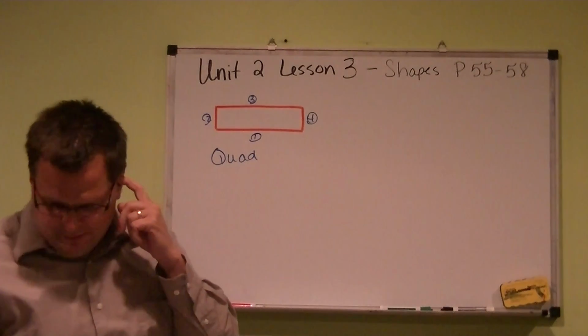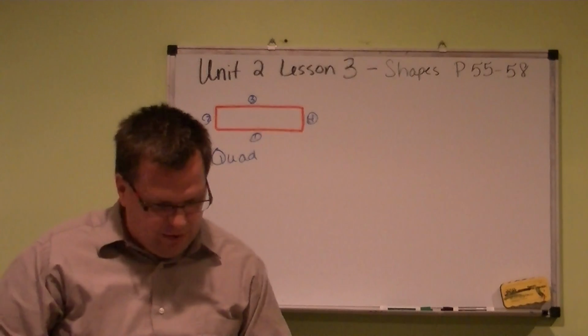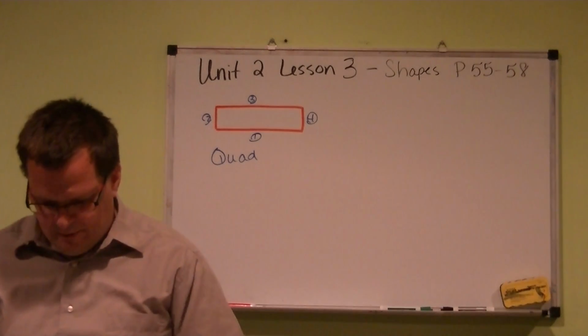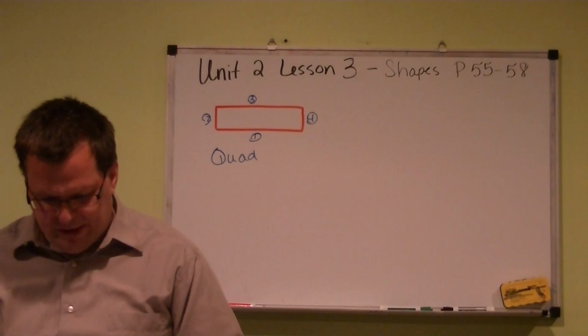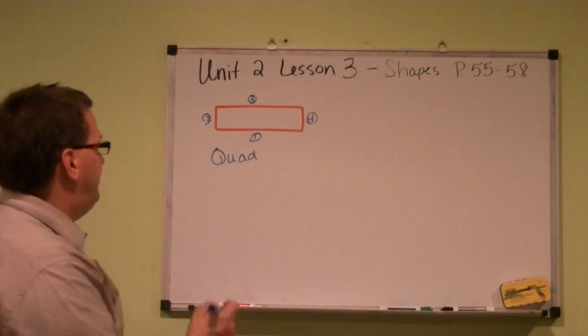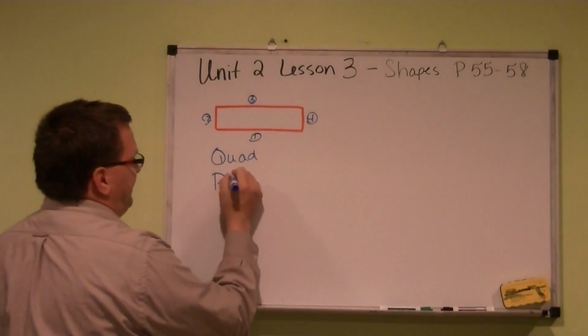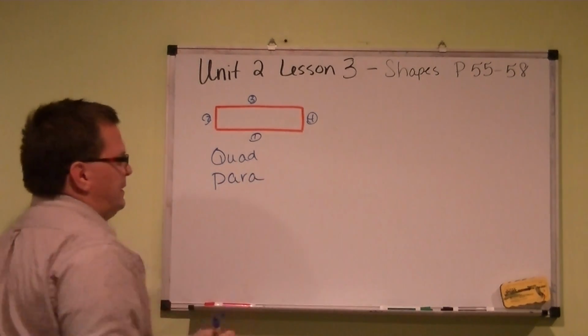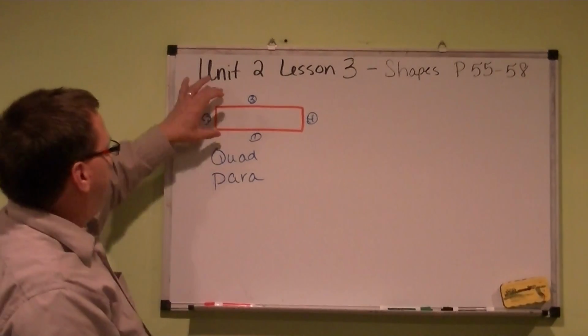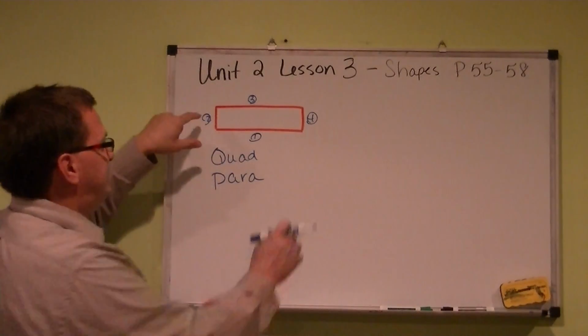The next one is a parallelogram. Does it follow the rules of a parallelogram? If you go back a couple pages, it says rectangles are a special kind of parallelogram. So yes, it would be a parallelogram. And we're just going to put para. The next choice we have is a rectangle. Remember, a rectangle has two equal sides and two equal sides.